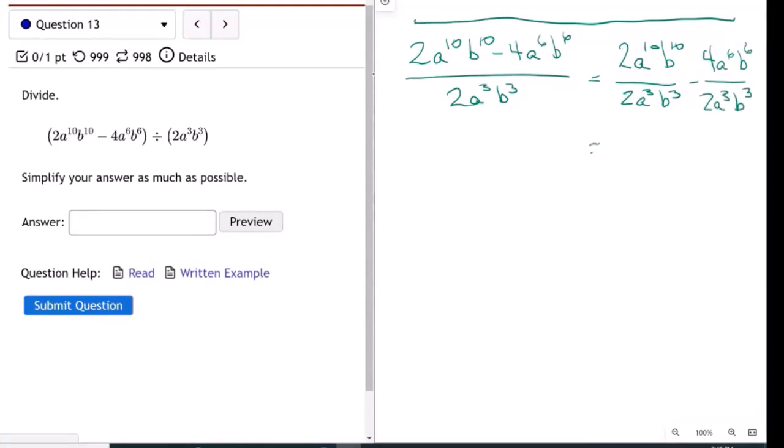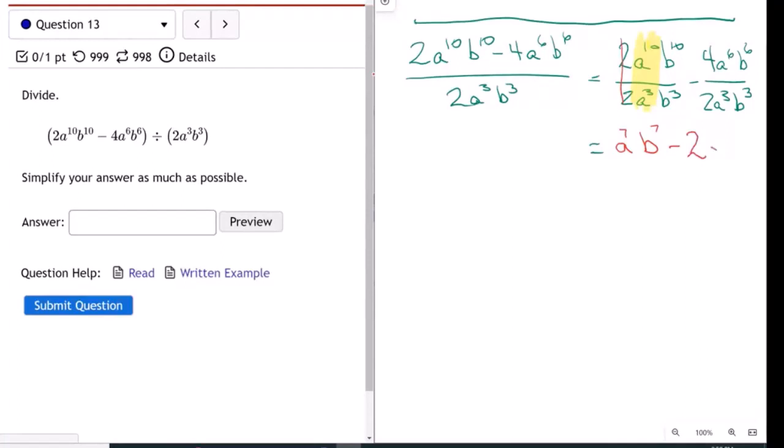And now I simplify. I can cancel 2 with 2, and I have a to the 10th over a to the 3rd gives me what? A to the 7th. Perfect. And then I have b to the 7th. Perfect. I subtract. I have 4 over 2 is 2.